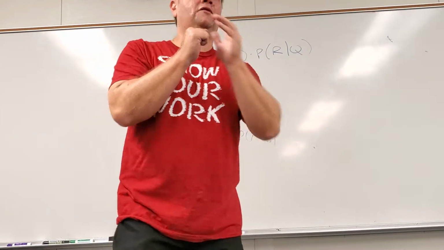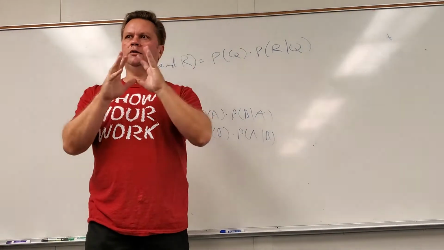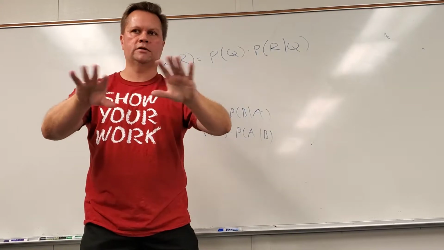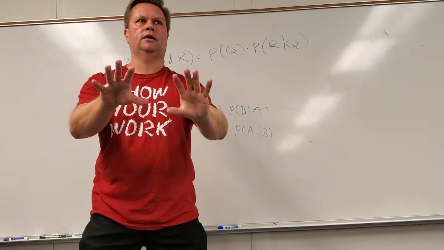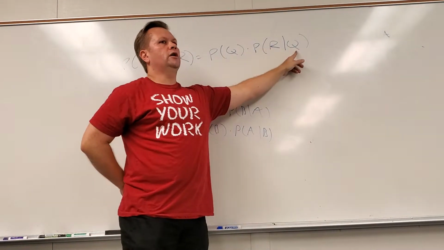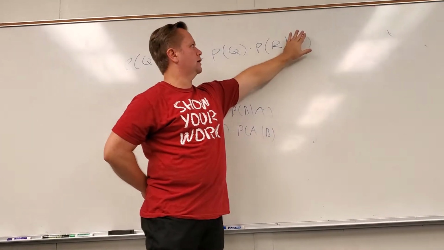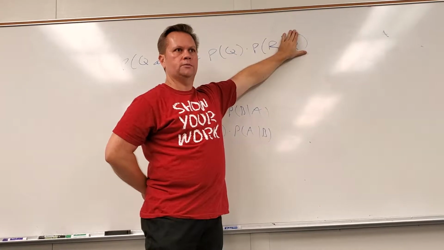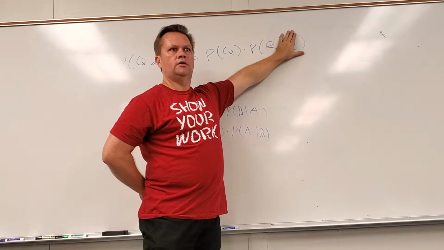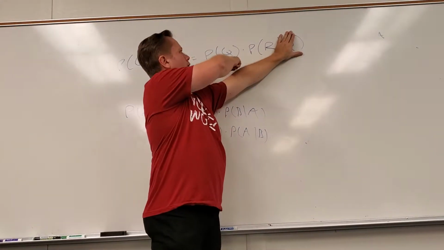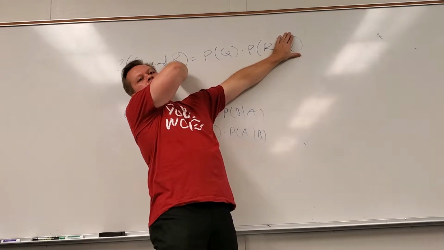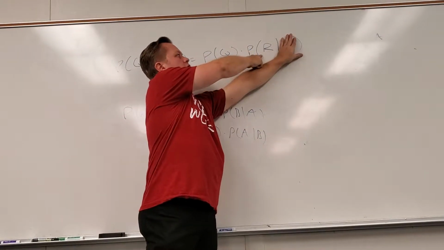So again, I love you guys. You're trying to memorize a lot, and I understand, you're used to memorizing a lot, but you've got to get the concept down. If R and Q are independent, does R care that Q happened? No, so it's going to stay the same as it was before. And do you see how now you have what you're trying to solve for right there?